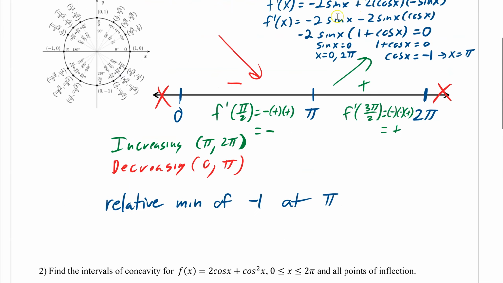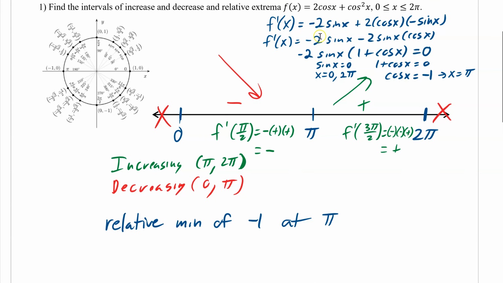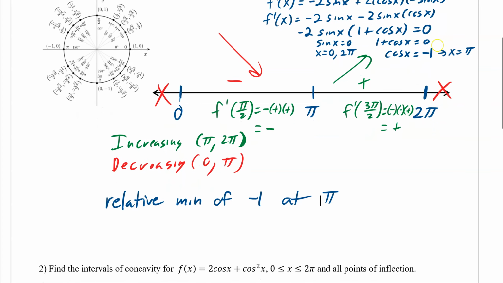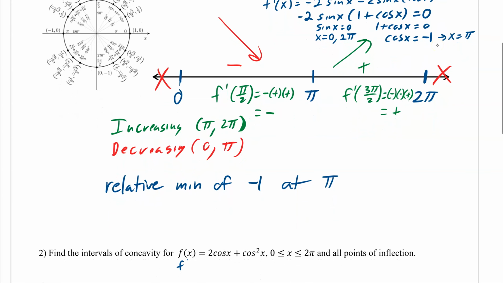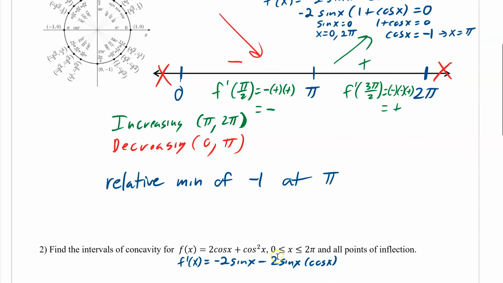So let's rewrite our first derivative, which is right here. f prime of x equals negative 2 sine x minus 2 sine x cosine x. And yeah, you could use either one. You could use product rule on this or use a normal derivative product rule, but we're going to stick with what we have here.